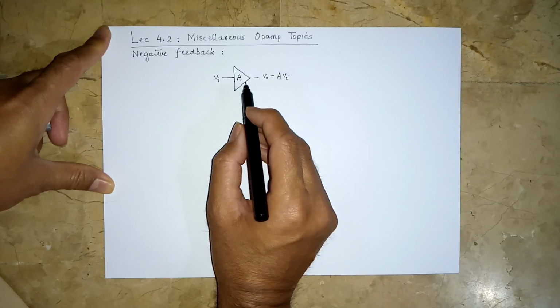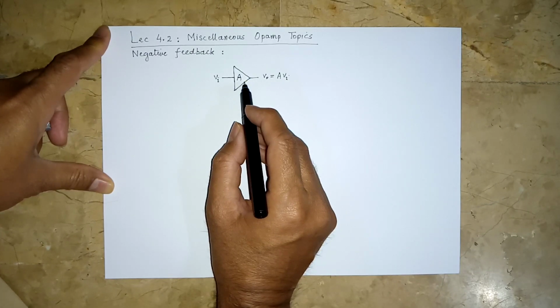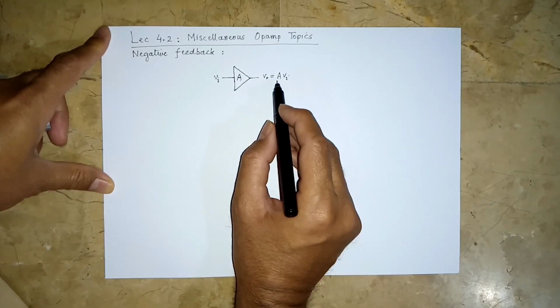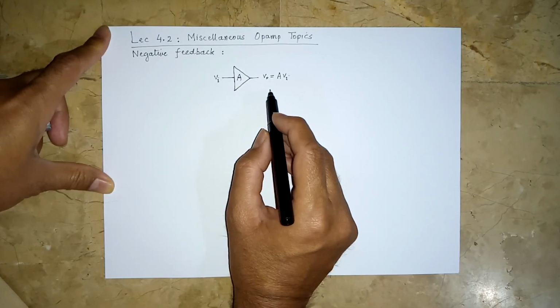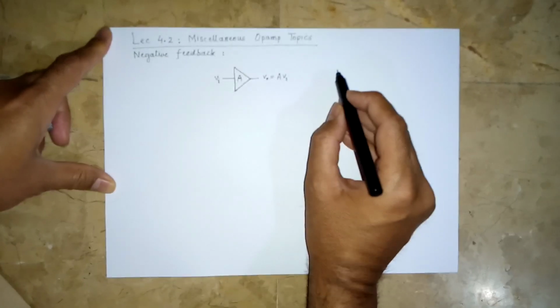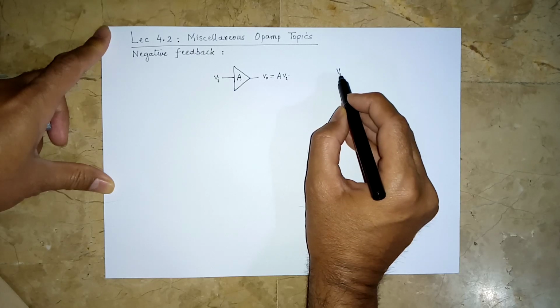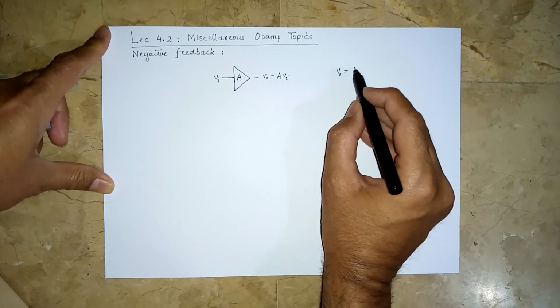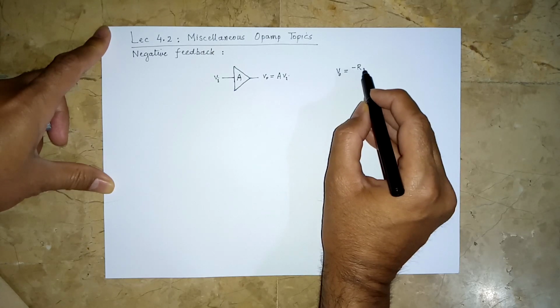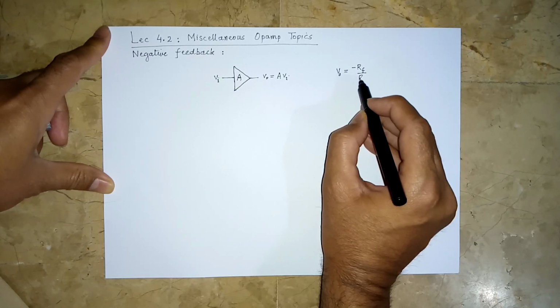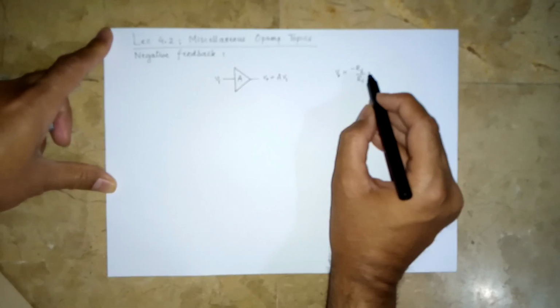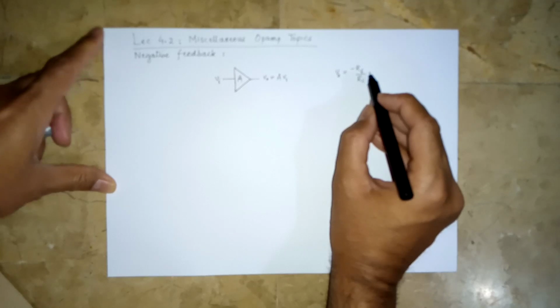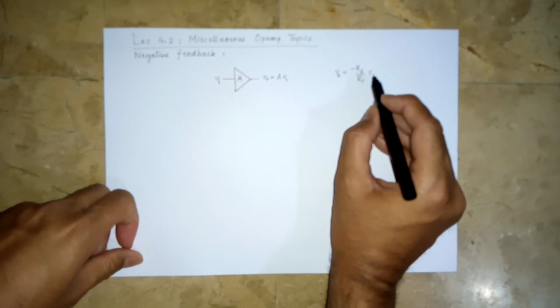But an op-amp is manufactured such that the useful gain that we want in circuits, for example, in an inverting amplifier, we like VO to depend not on A but on external elements that we can change and control.